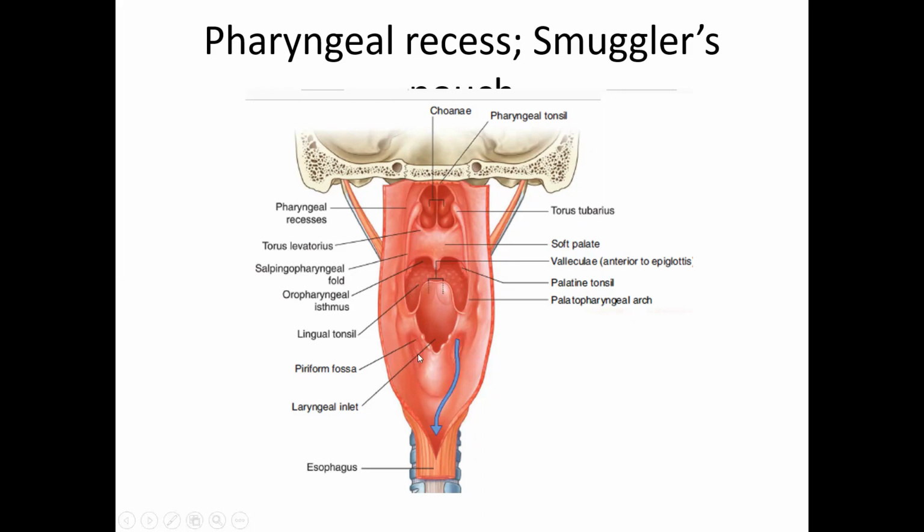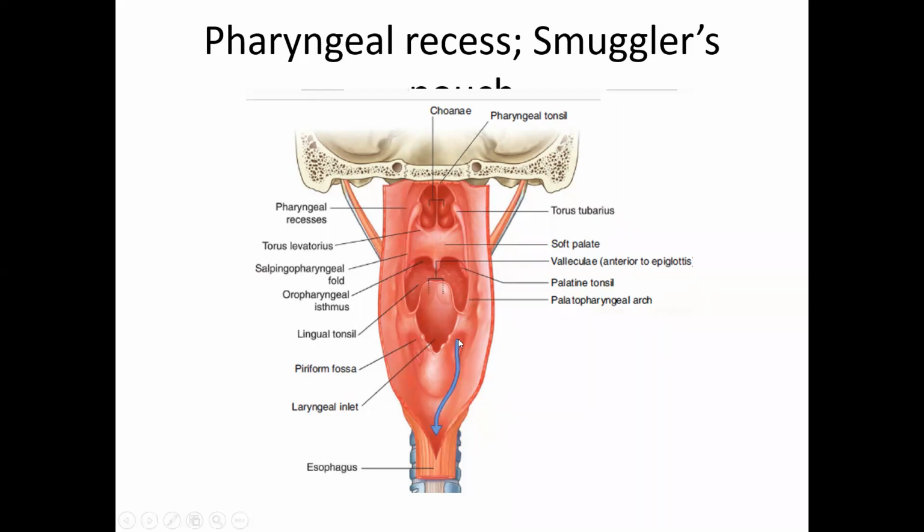In this area, the muscles generally are involuntary. Since they are striated, they can be trained. Diamond smugglers used to smuggle diamonds by keeping them in the pyriform fossa, so that if the officer asks them to open the mouth, he will not be able to see the diamonds smuggled in the pyriform fossa.